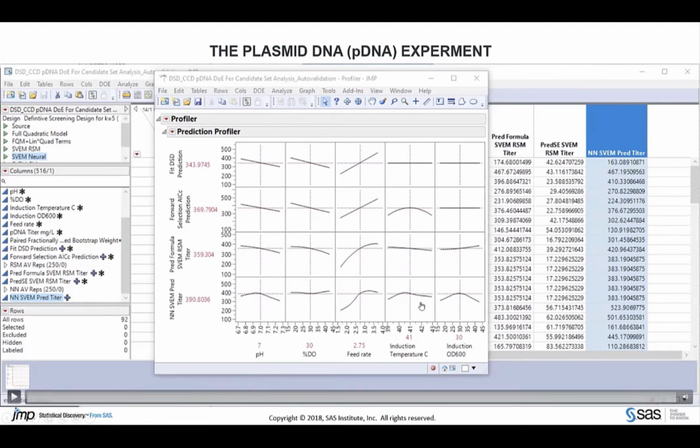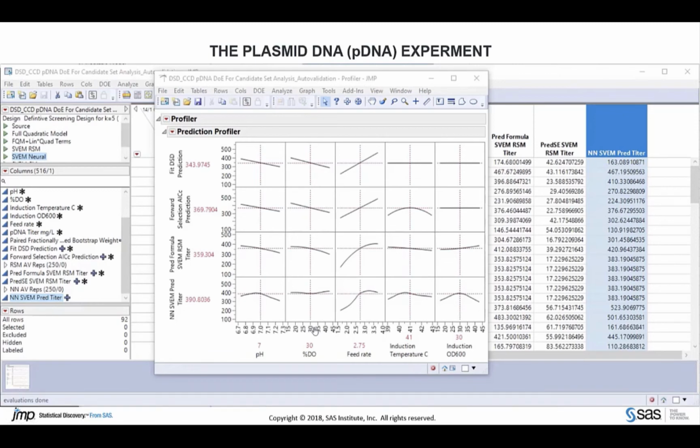We also see this interesting feature here where the feed rate impact seems to flatten off at about 3.0, which apparently makes some sense based on the biology. So if you give a lot of glucose to some bacteria or a fungus, it can only grow so much. If you have too much, it only is linear for so long. And this neural network is capturing that.